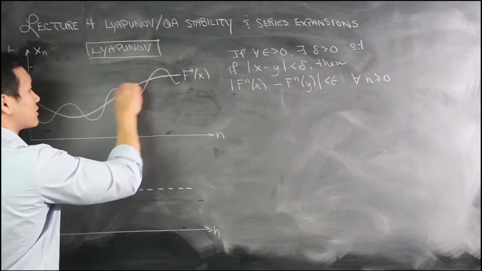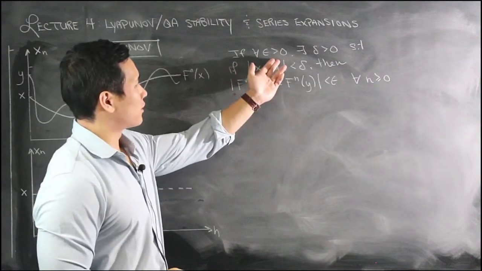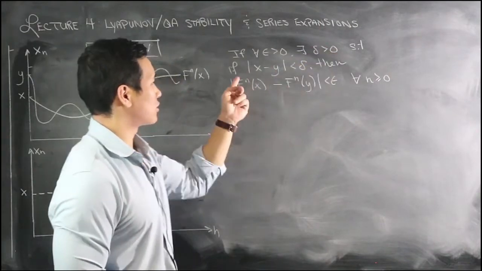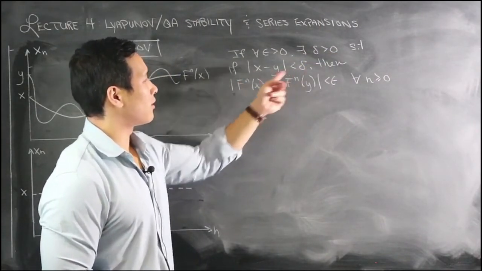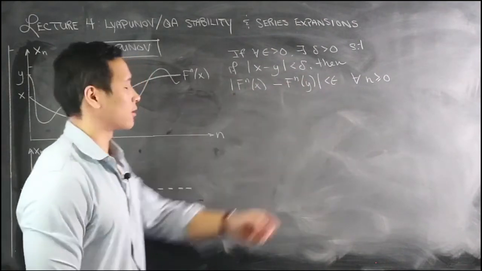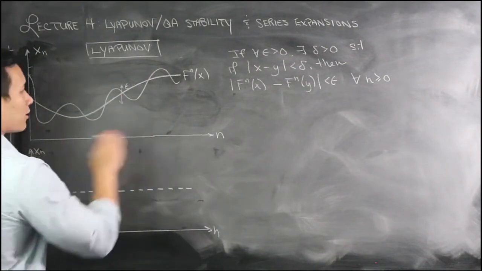Arbitrarily close, so this is of size epsilon. If for all epsilon greater than 0, I can find a delta greater than 0 such that if the distance between x and y is less than delta, then the distance between all the images are always within epsilon. You're always in this tube of size epsilon for all n.